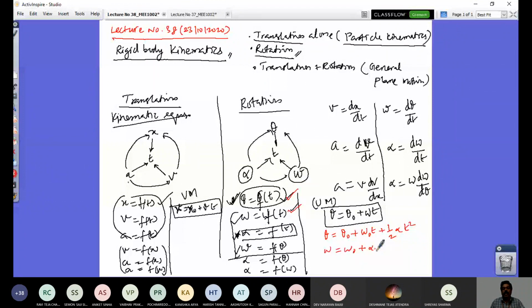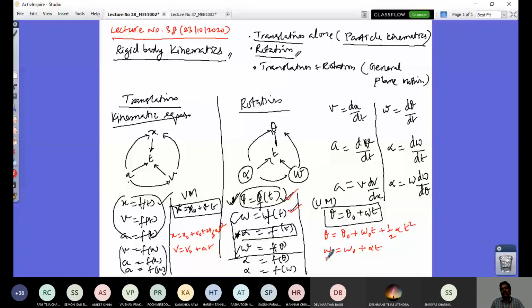Like here you have written v equals v naught plus at, and x is equal to x naught plus v naught t plus half at square. So these are the two primary motion equations in angular means rotational motion, when angular acceleration is constant. So what is the third equation?